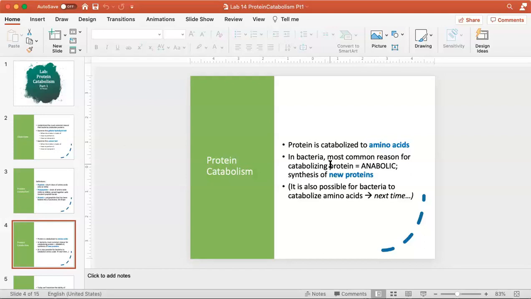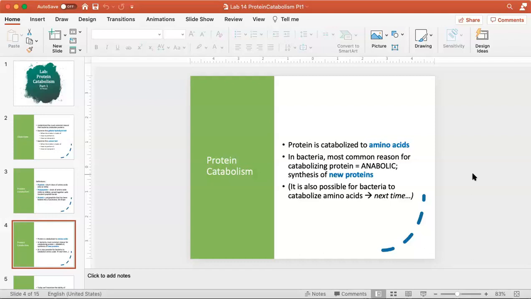This is the same reason, most common reason, that we break apart proteins. Most of the proteins that you consume are going to be broken into their amino acids so that your cells can build new protein. It is also possible, though, for microbial cells to break apart those amino acids.